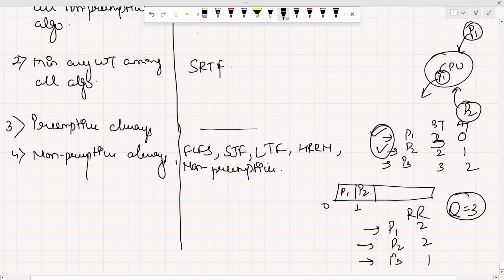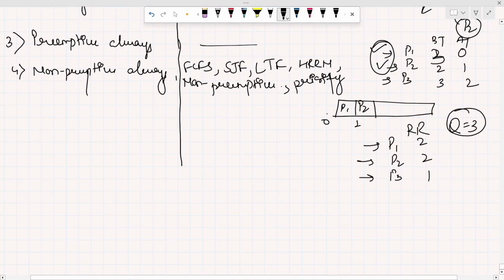So a priority-based algorithm can also behave as a non-preemptive algorithm under some circumstances. Let's say there are processes P1, P2, P3. P1 comes first to the CPU with priority 1, P2 comes after P1 with priority 2, and then P3 comes.